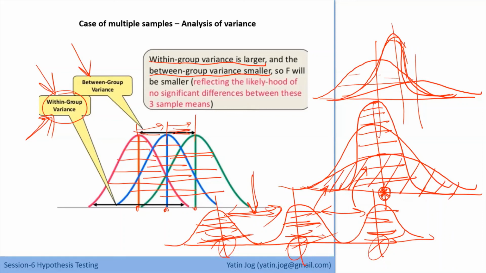And if I have 3 distributions which are almost overlapping, then I can say that the mean of all 3 distributions is almost similar. And that is why this kind of analysis is called analysis of variance, because we are understanding the distributions and their behavior based on their variance within the group and between the group.